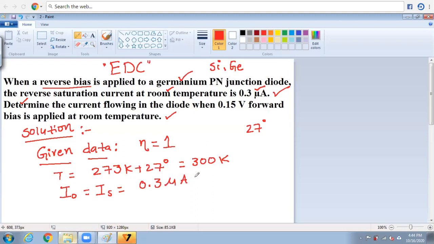Please concentrate on this parameter: micro is nothing but 10 to the power of minus 6, and milli is 10 to the power of minus 3. I think you have already studied this in lower classes. So 0.3 micro can simply be written as 0.3 times 10 to the power of minus 6 amperes.